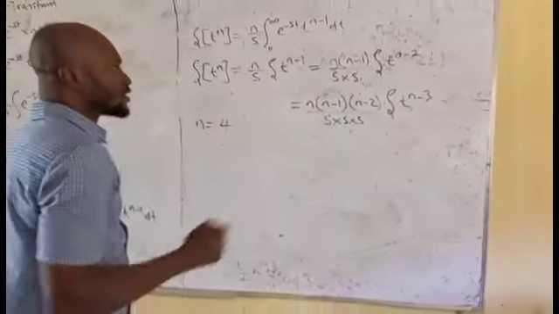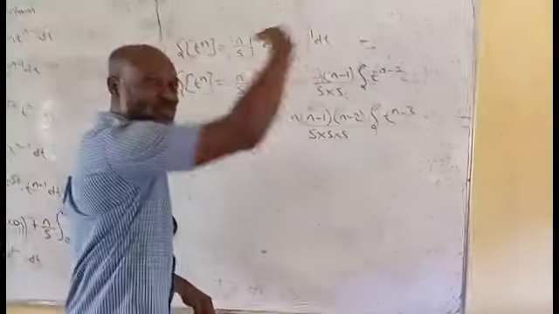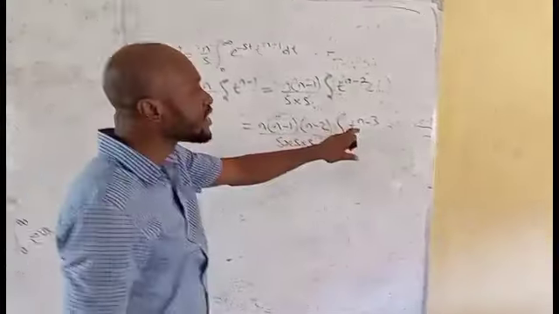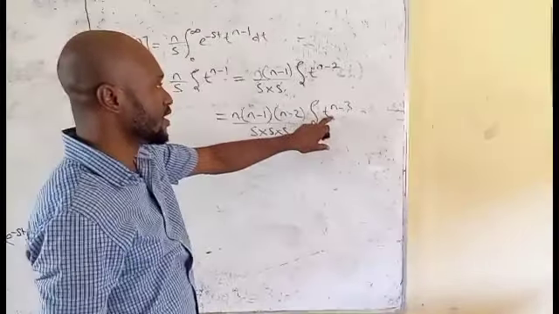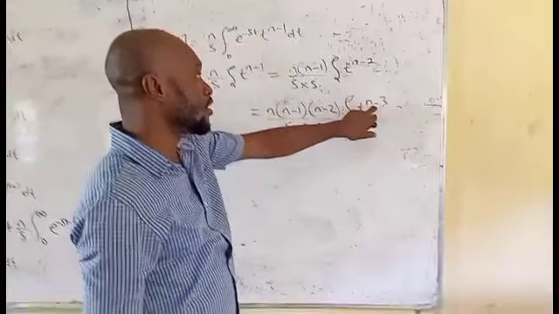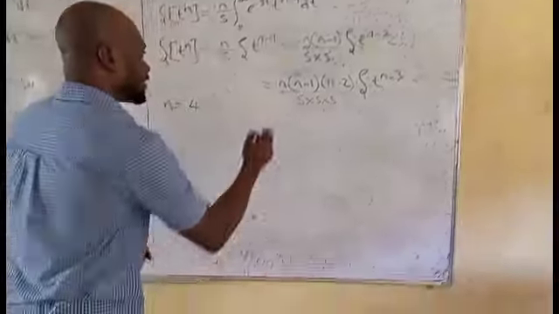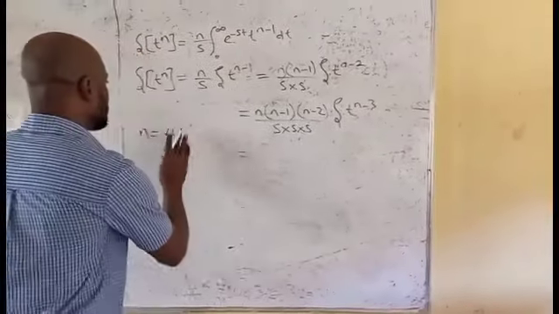So what if you move to the next one? If I take the Laplace transform of t raised to the power of n minus 3, I think I will have something like this.